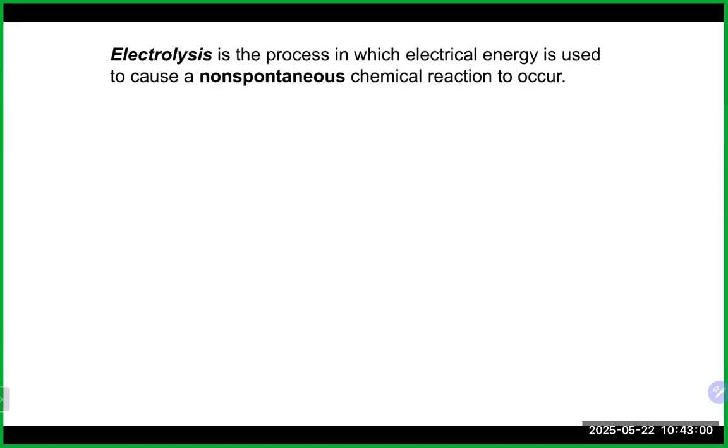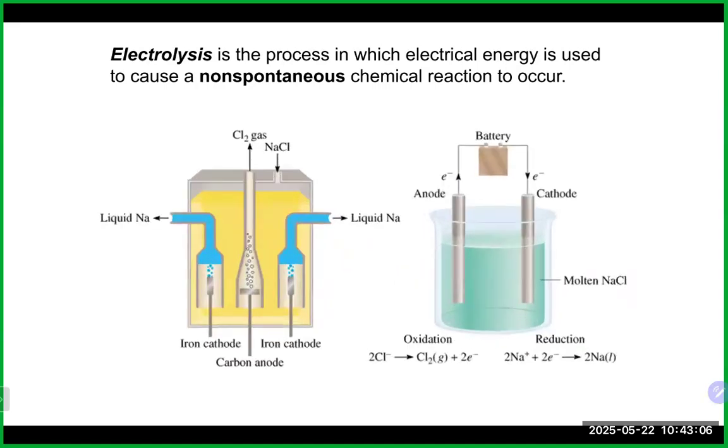All right, the last thing we're going to talk about is electrolysis. Electrolysis is the process where we apply an external energy, an electrical current for example, to cause a non-spontaneous reaction to occur.